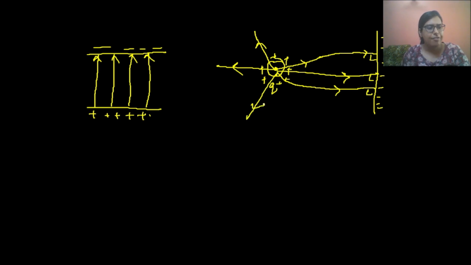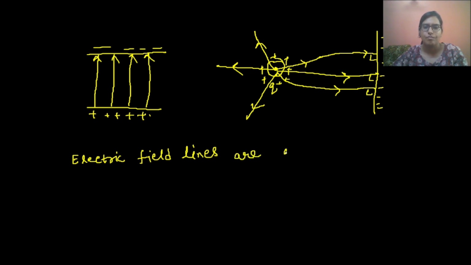So electric field lines are always perpendicular to a conducting surface.